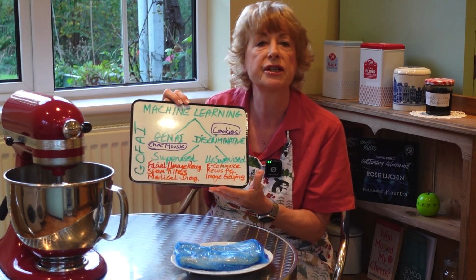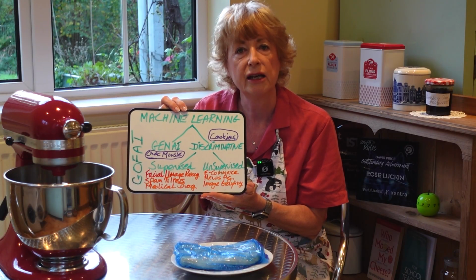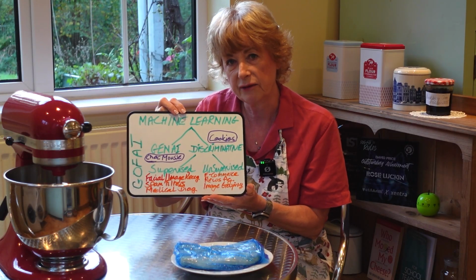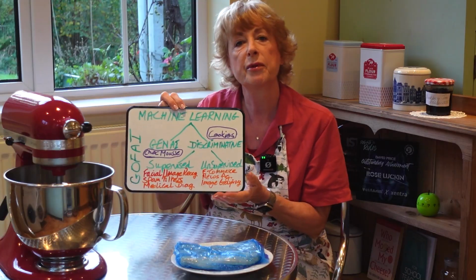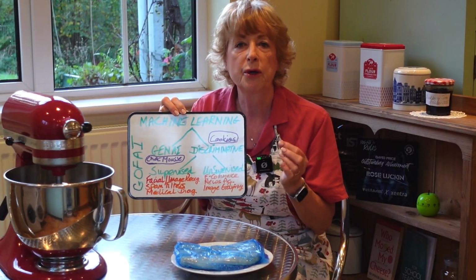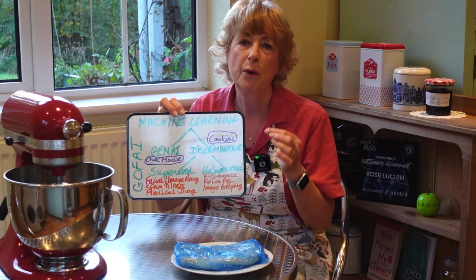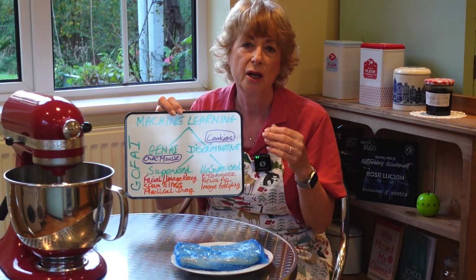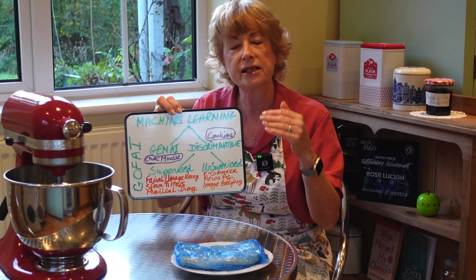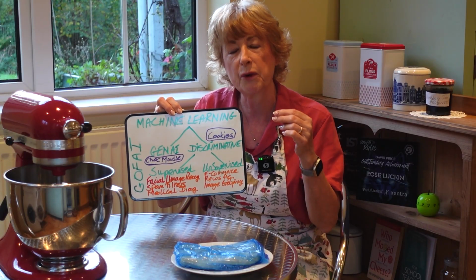And then over here we have discriminative AI. So this is non-generative AI. And you remember when we did ginger biscuits, we talked about the cookie cutter and the way that AI can be biased because it can only make decisions based on the training that we have given it.